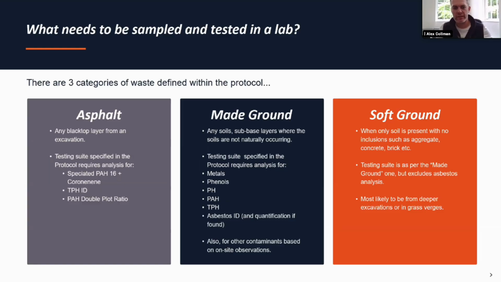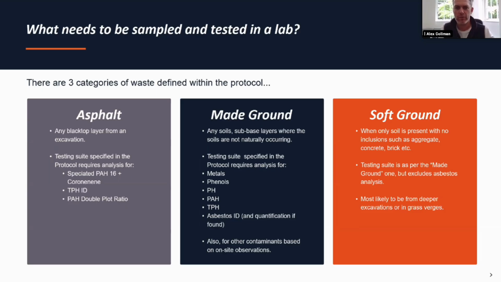Essentially what that looks at is the PAH results, and then it plots the likely source of that contamination. So you might have elevated hydrocarbons, but they might not have come from coal tar, but from something else, like a fuel spill, for instance. And that double plot ratio needs to be done as part of the assessment.